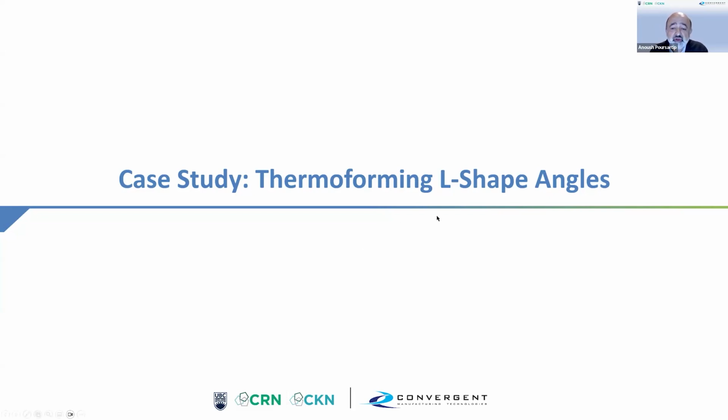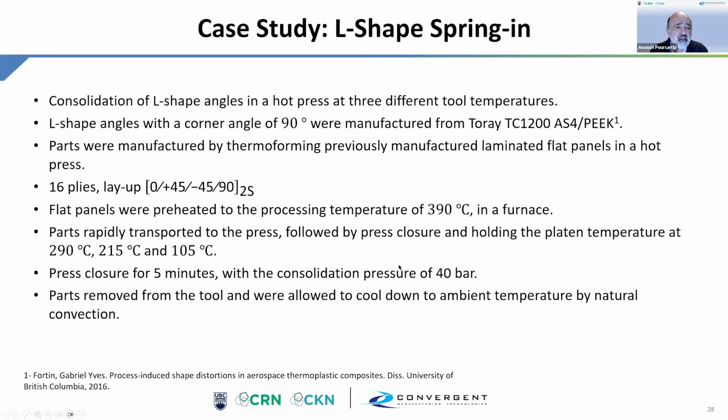So the first one we're going to do is look at some spring-in when you're thermoforming an L shape as a simple geometry. What we did here, and this is work done by a graduate student at UBC on the experimental side, a bunch of L shapes were consolidated in a hot press at 3 different tool temperatures.